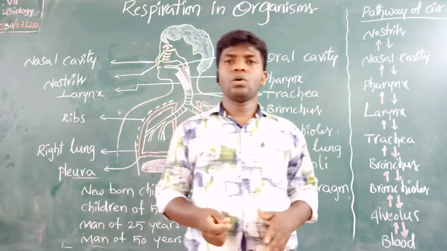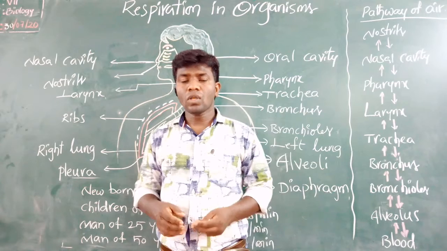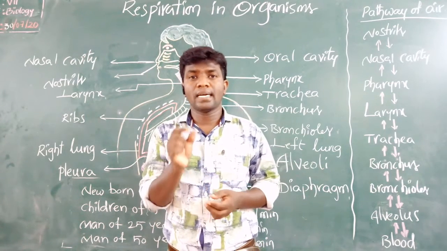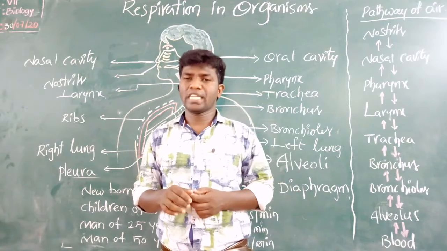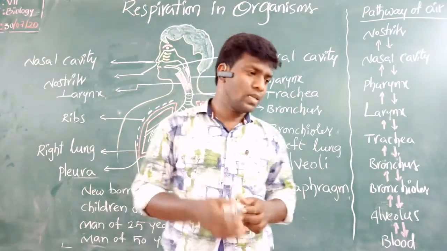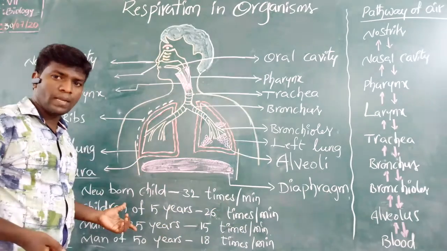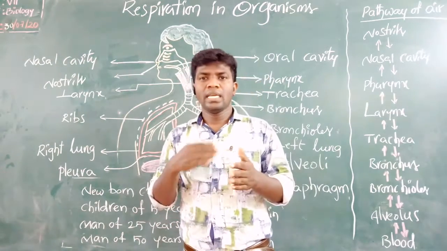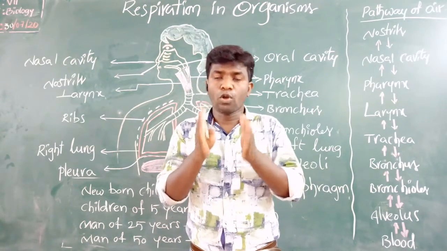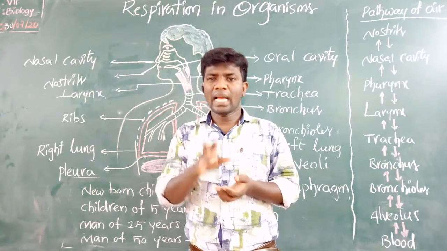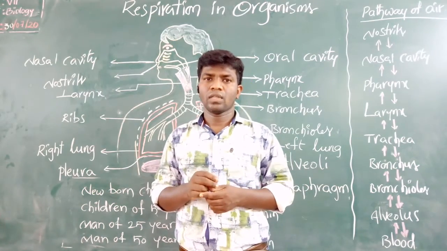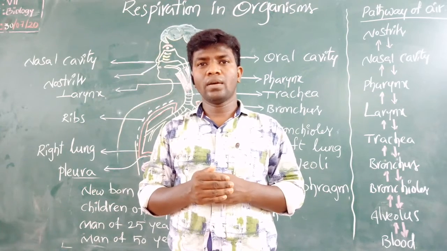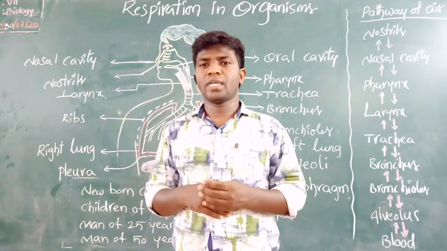So dear students, here I am going to explain that the process of respiration has two stages. Do you understand? I think you are understanding. The first one is external respiration and the second is internal respiration.